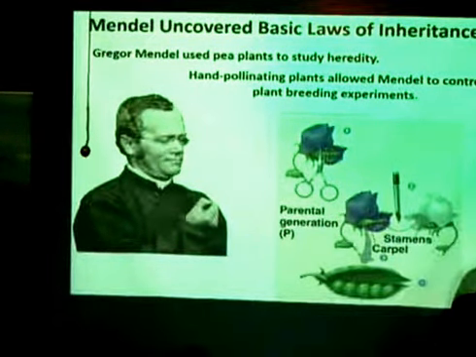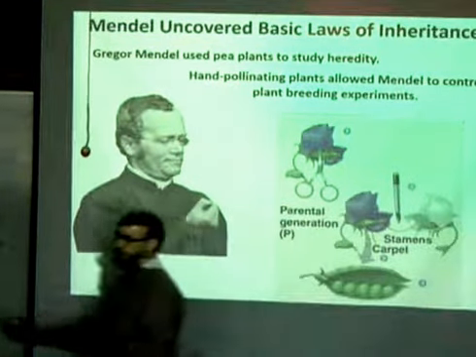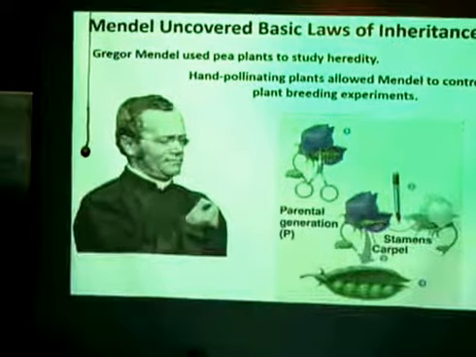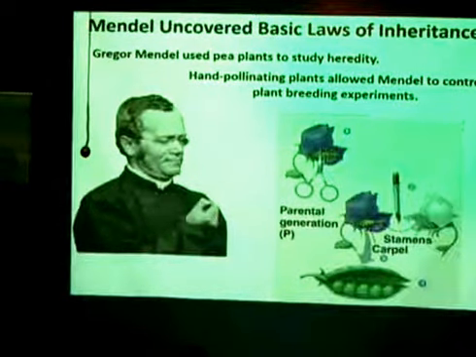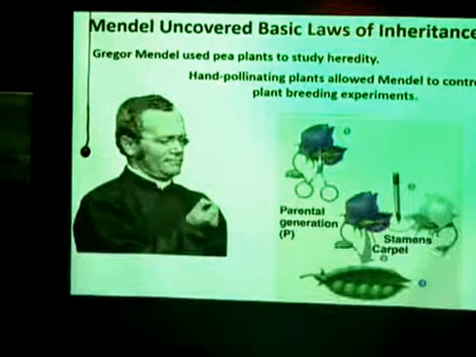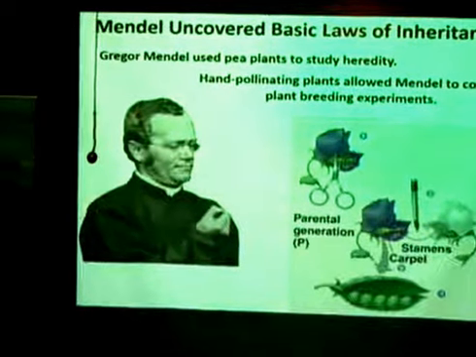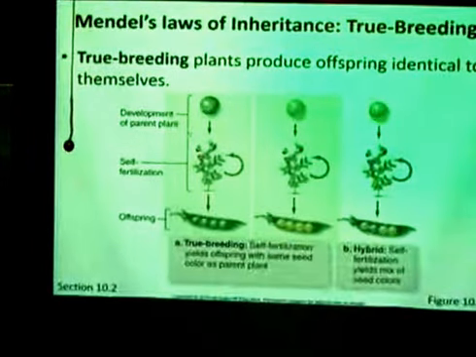The other is called cross-pollination, in which pollens from a different flower are taken and put on a different flower. So if you take pollens from a white flower and put them on a purple flower in peas, that is called cross-pollination. So that was one of the advantages that he took from these pea plants.